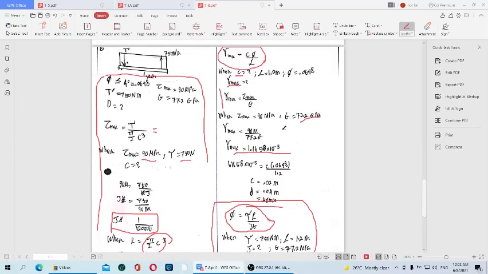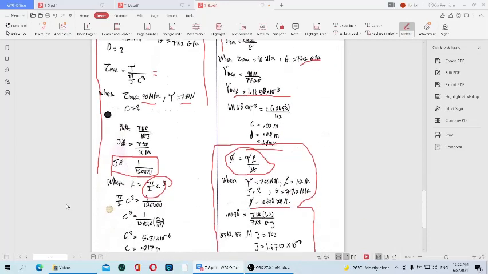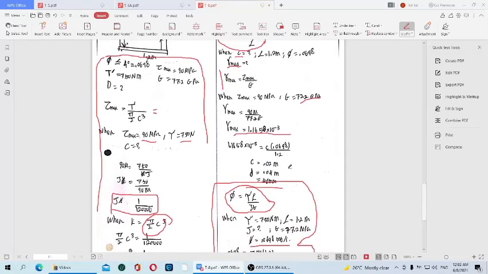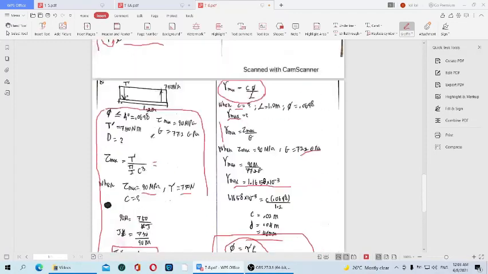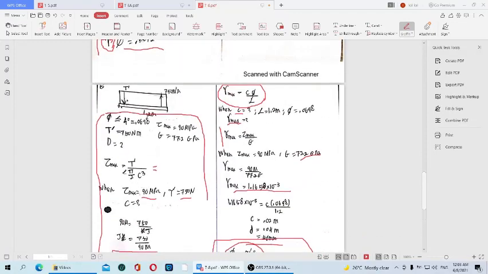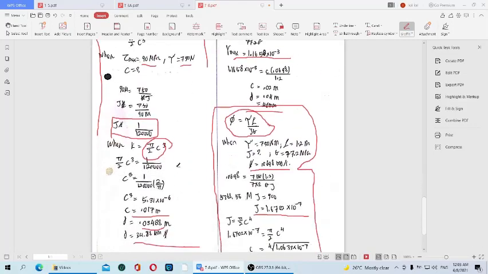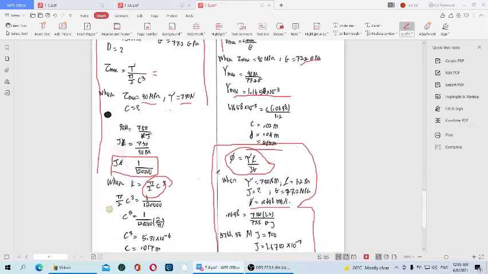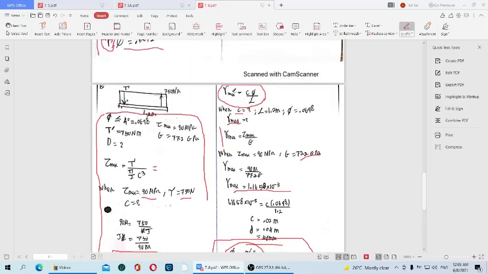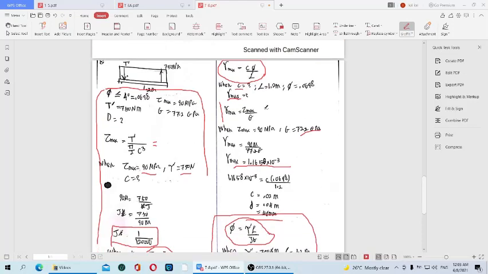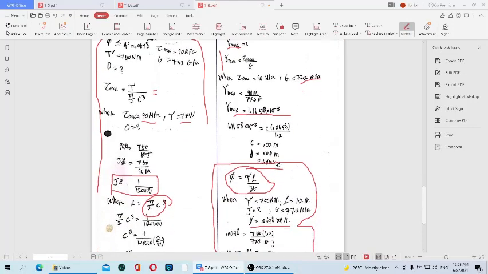So I am using 3 different equations, and they bring 3 different values. For the first equation, I use tau maximum equal to T prime times C over the polar moment of inertia, and I get 34.88 millimeter. For the second equation, I'm using the shearing strain formula, shearing strain equal to C times phi over L, and you will get 14 millimeter.